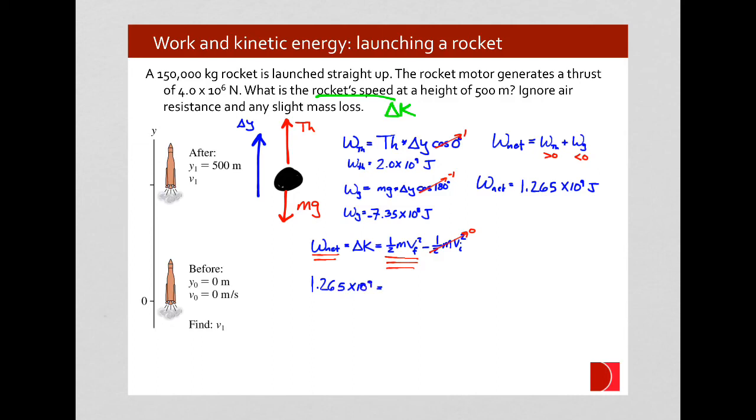This is the net work that we found. That is equal to 1/2 times the mass of the rocket times the velocity squared, and from there we can find that the velocity of the rocket is thus.